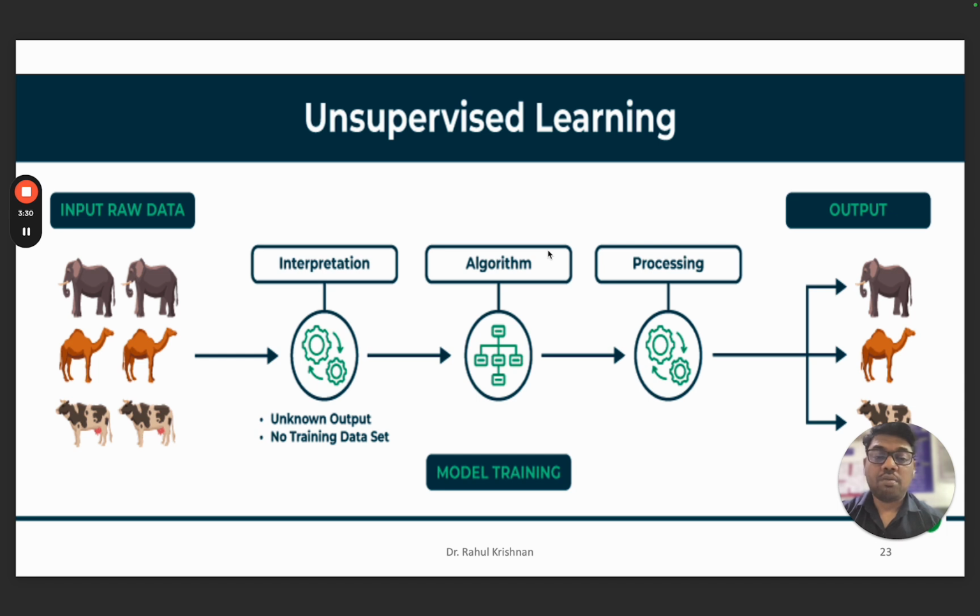Since we are not giving any kind of training, once the model identifies the patterns, it starts learning and can process data. When a new data set is given, it can classify or group it into multiple categories. This is how model training and prediction happen in unsupervised learning.